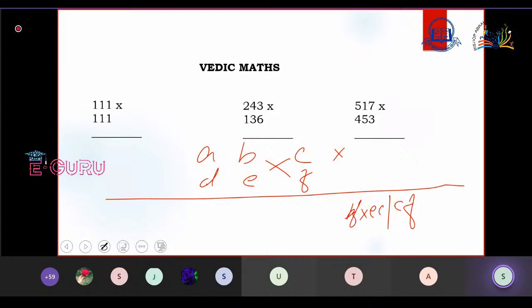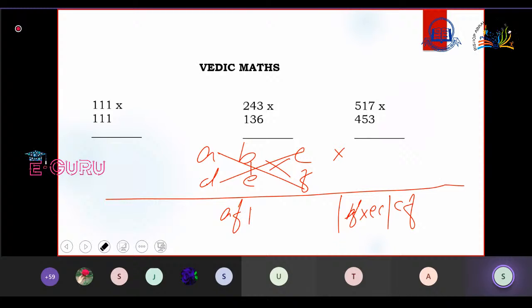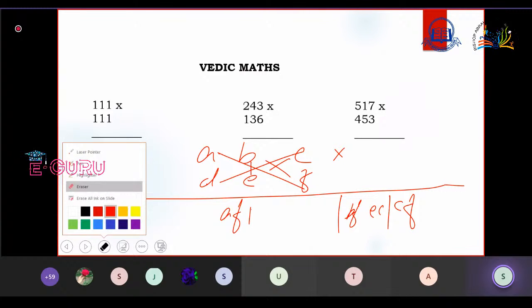Second part. Then AF, DC, BE. AF plus, just one mistake is here. Here it is not into, it will be plus.